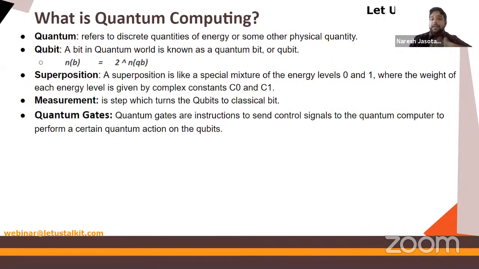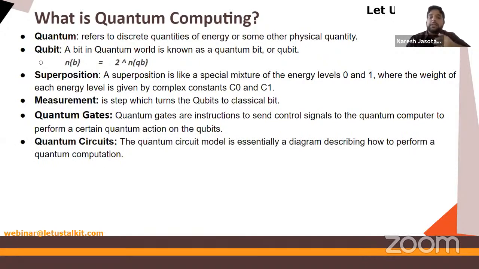Quantum gates, as we discussed, are instructions to send control signals in quantum. A packet of control signals are being sent, and gates perform that logical operation instruction on the qubit. I know it's a very low level detail. Probably you might not have even learned about this in classical computing. In classical computing also, you have control signals, gates, transistors. Remember the PNP junctions and the NPN junctions? This is one of those.